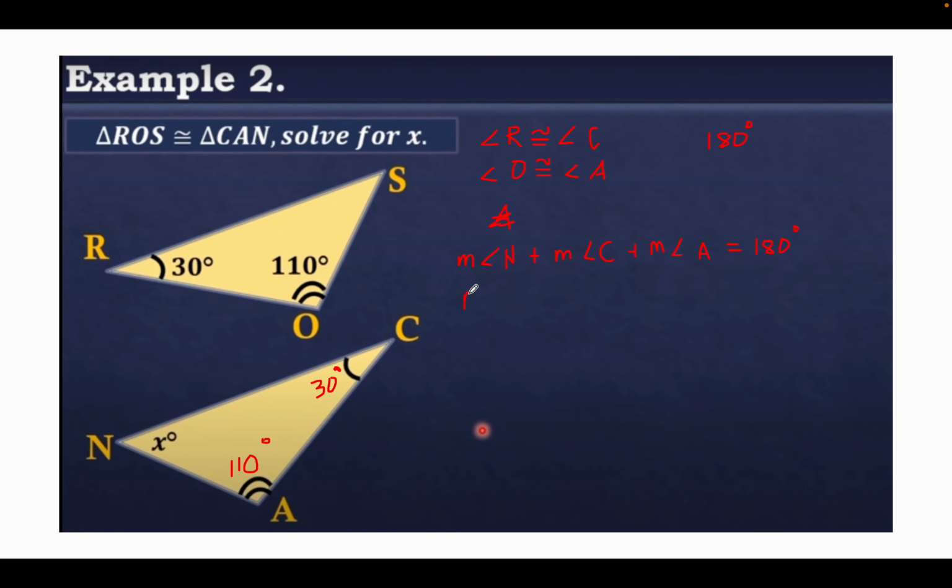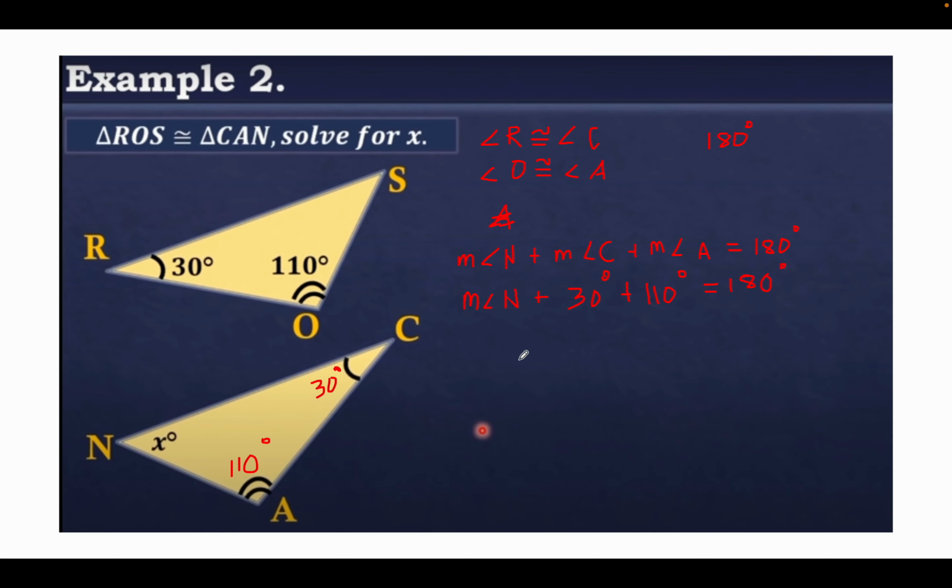Measure of angle N is unknown. What is the measure of angle C? Here, 30 degrees. And then, substituting the given, measure of angle A, we have 110 degrees, is equal to 180 degrees.